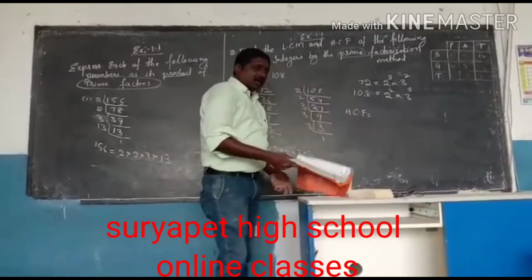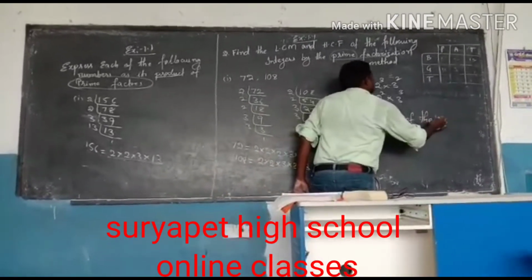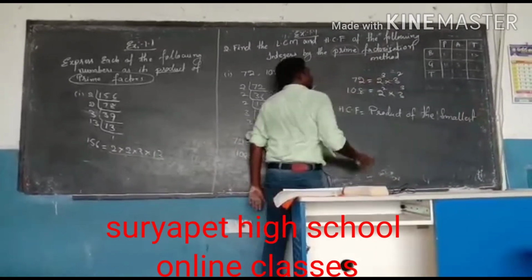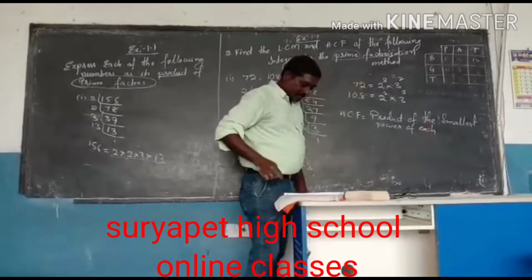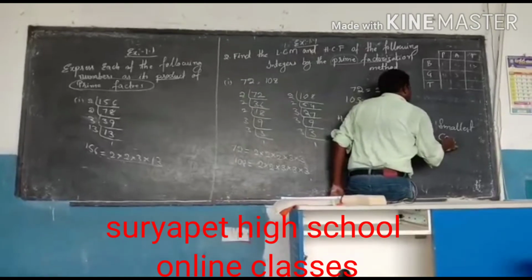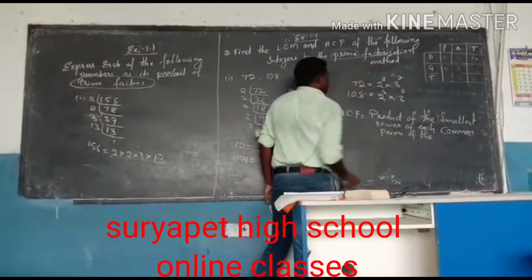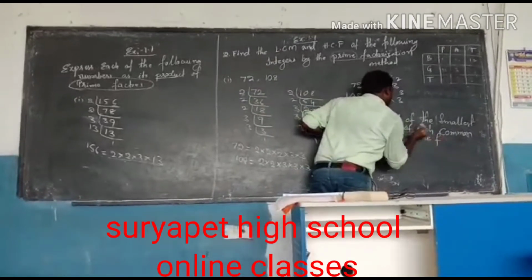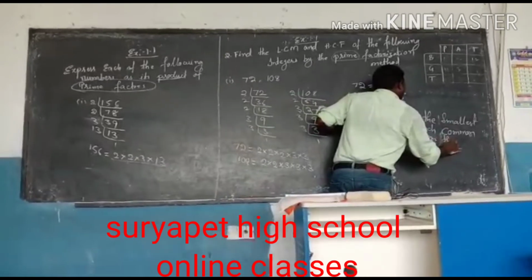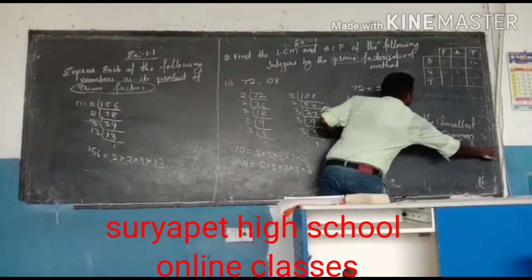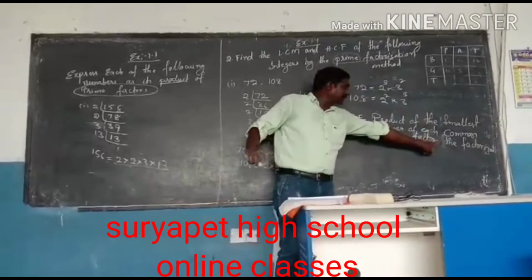To find the HCF, we want to write the product of the smallest power of each common prime factor of the factorization. That is HCF.